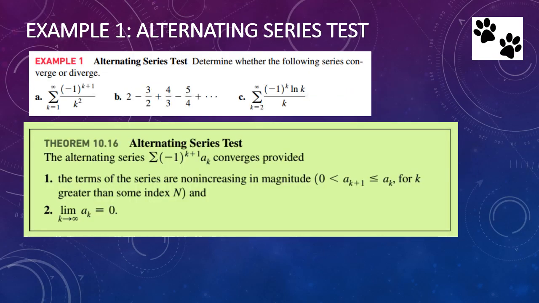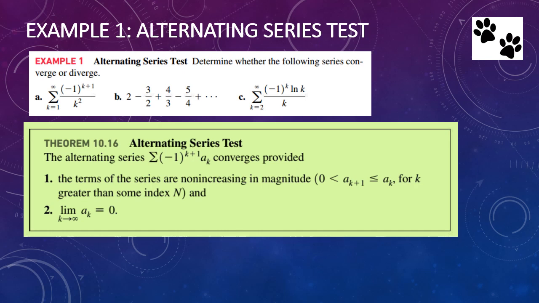So let's look at our first example. Determine whether the following series converge or diverge using the alternating series test. So I just put theorem 10.16 here again. You remember what we're trying to do is prove these two postulates, okay?